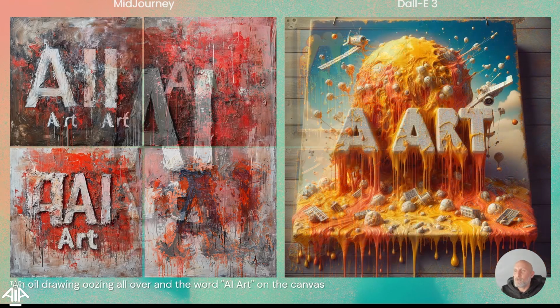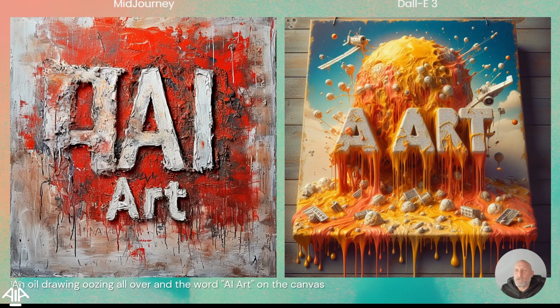But all in all, I think that Midjourney generated a much more coherent and much more believable image. On the left side, it's easy to see that it's an oil painting. On the right side, you can see the oozing is very nice, but once again, it gives a bit of a feel of a 3D image and not an actual oil painting.